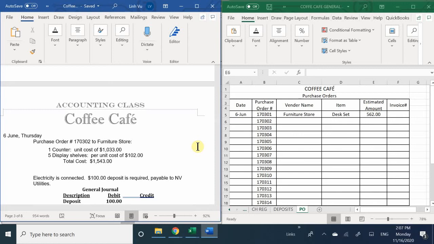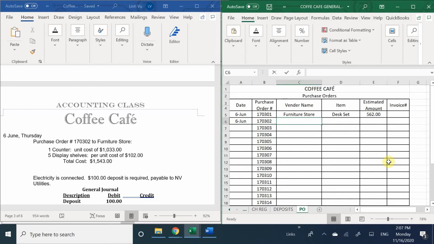Nice. So we placed a purchase order and then we just realized we needed to buy more stuff from the furniture store. So again, you're not going to journalize it. This is just you creating a purchase order. You haven't received a bill nor have you paid anything to it.